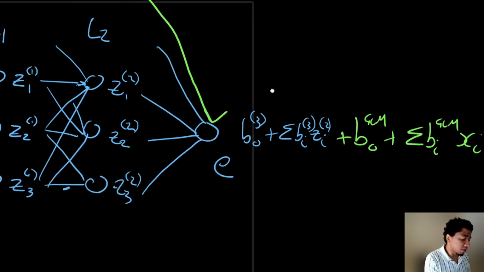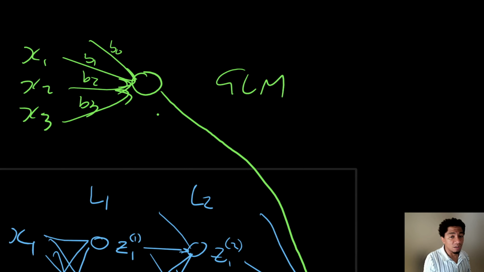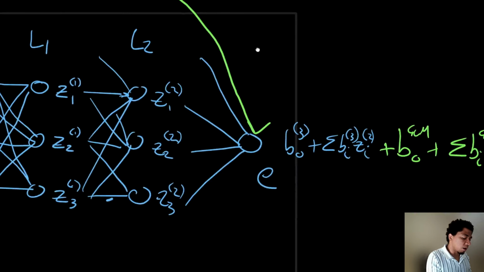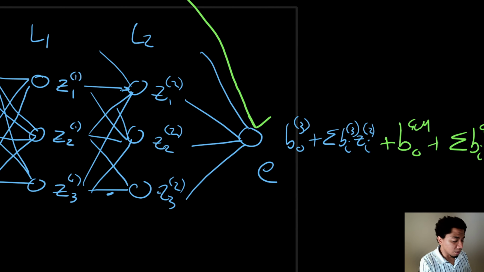So just bear in mind that when you fit this as a true neural network, you fit the GLM first, and then you fix the parameters, so they become untrainable. But you put that in as a connection into the final neural net.